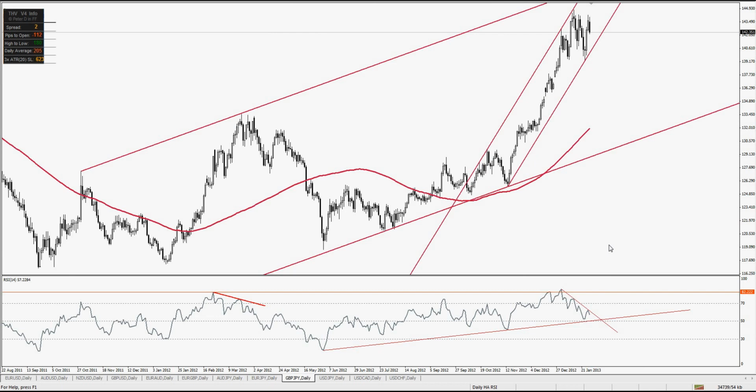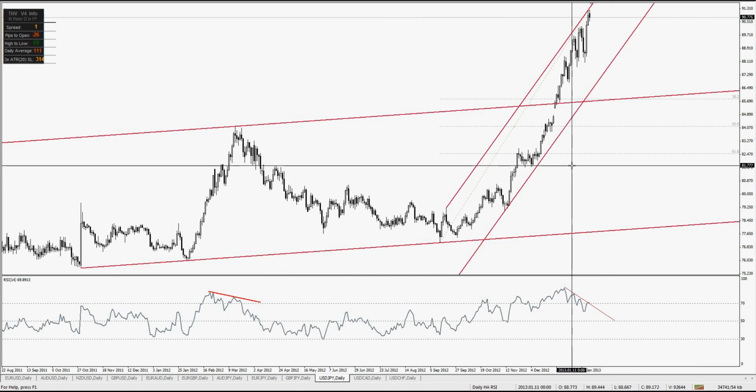Pound yen is a little different situation. If we go back and look at the other yens on 114, the pound did not make a new high above the 114 high.